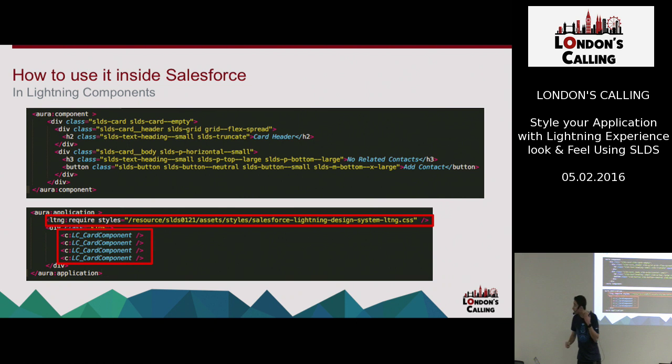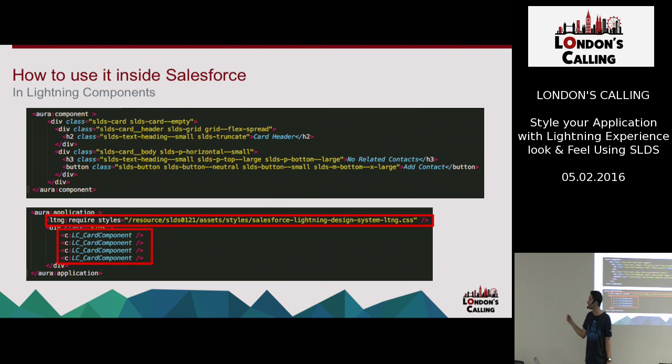And the nice thing with Lightning components is that, as it's a component, if I want to display the same card header 4 times, I just have to write 4 lines and call my component 4 times. And even better, I didn't do it here, but you can see in the component that you have some information like card header, related contact, and add contact, which are the labels of the text in the component itself.